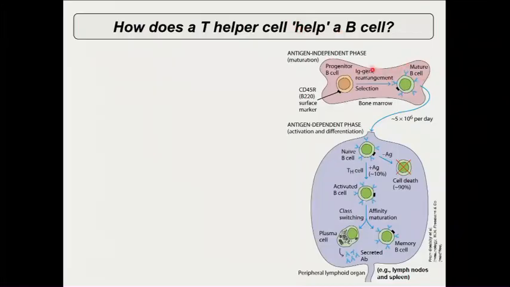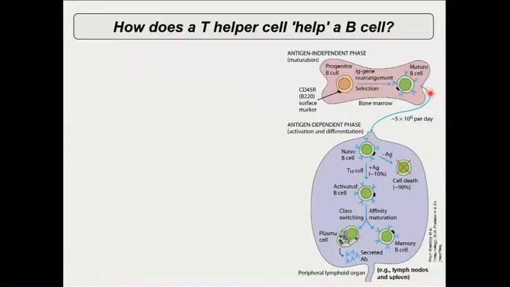So this is supposed to be a bone, and here in the bone we have the differentiation from the stem cells, the gene arrangement into mature B cells that have their antibody already on the cell surface. So here in the bone marrow we have the gene arrangement.